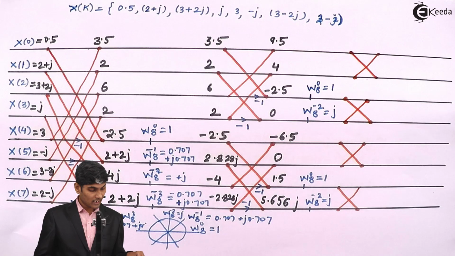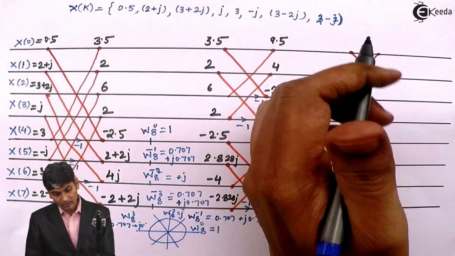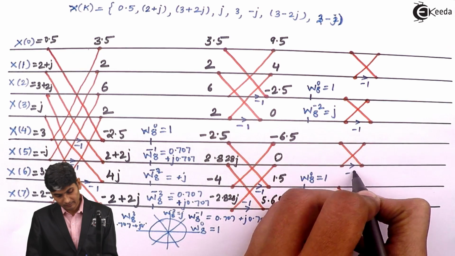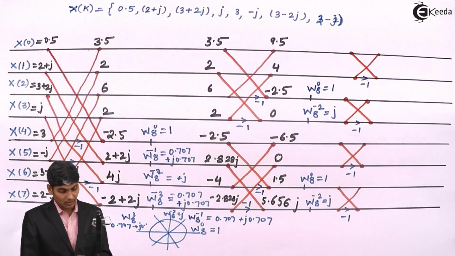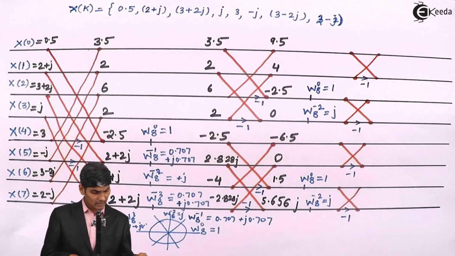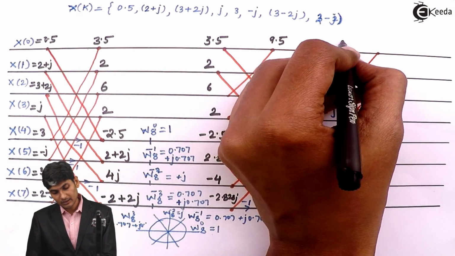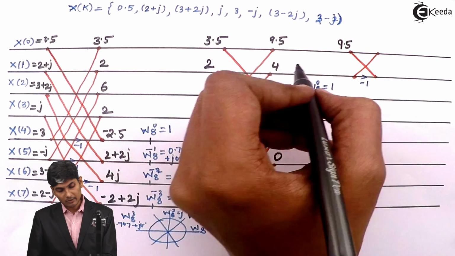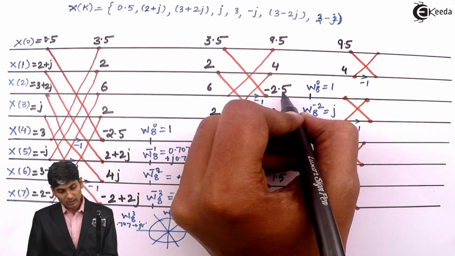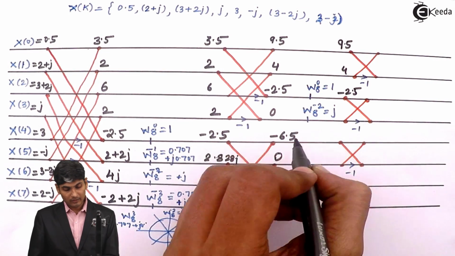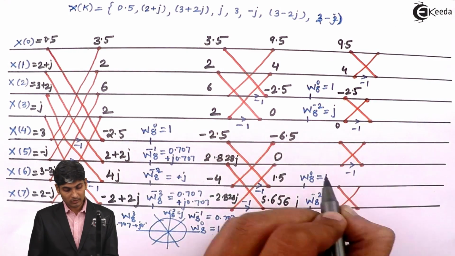So in the last stage, we have the smallest crisscrosses, and each of the second line will have a minus 1. Okay, now let us go ahead and get the inputs of the second stage, third stage, 9.54. Here 1 into minus 2.5 will give me minus 2.5. Then j into 0 will give me 0.